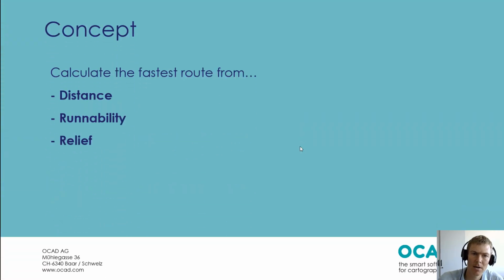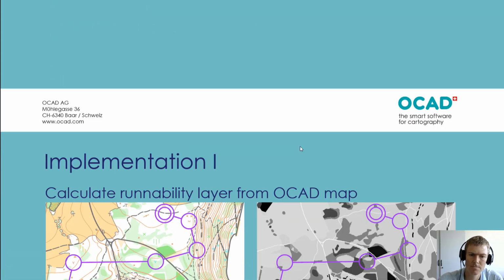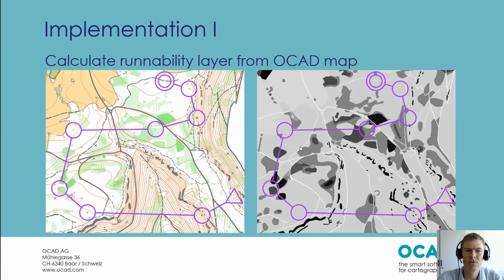So, how does OCAD find the fastest route? It calculates the fastest route by considering the distance, as it did already, but also by considering the runnability and the relief. To calculate the runnability, OCAD creates a runnability layer from the map.